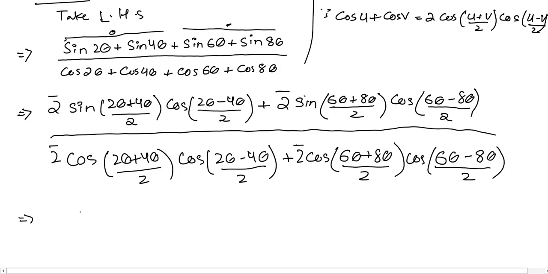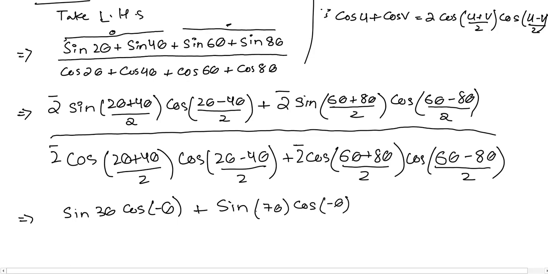So we write sine 3 theta, and here we have cosine of 2 minus 4, which is minus 2, and minus 2 divided by 2 gives cosine with a negative angle, negative theta, plus sine of 6 plus 8, which is 14, and 14 divided by 2 is 7 theta, and cosine of negative theta.